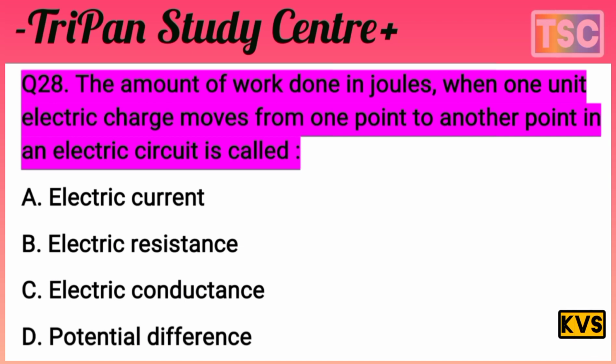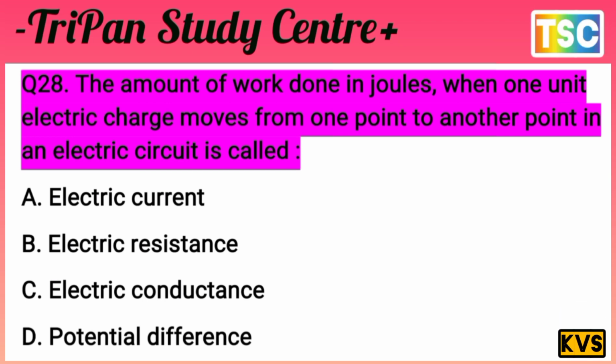Let's see what the answer is for this question. The amount of work done in joules when one unit of electrical charge moves from one point to another point in an electrical circuit is called electrical current? No, it is not called electrical current; that's the wrong answer. Electrical resistance? Not electrical resistance.